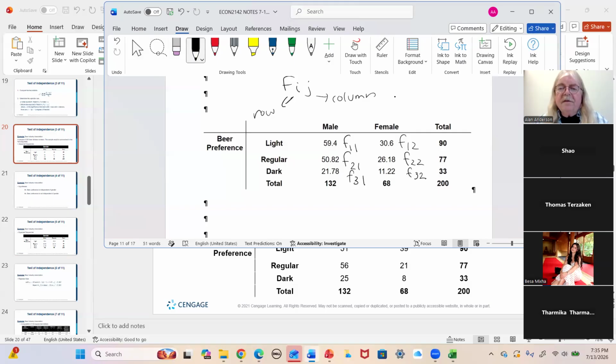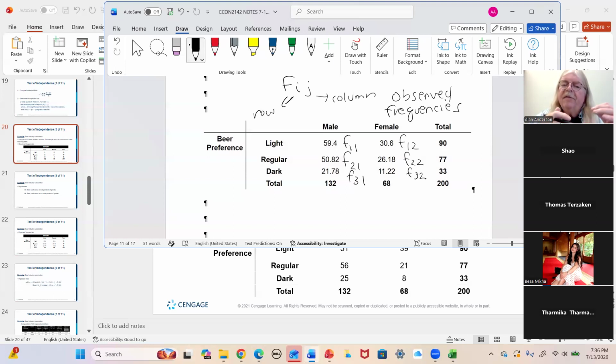Remember, these are the observed frequencies. What about the expected? That's a little bit different because instead of giving you a distribution, what they're going to tell you is that we're looking for independence. That implies that the proportions of men and women have to be the same in each category.